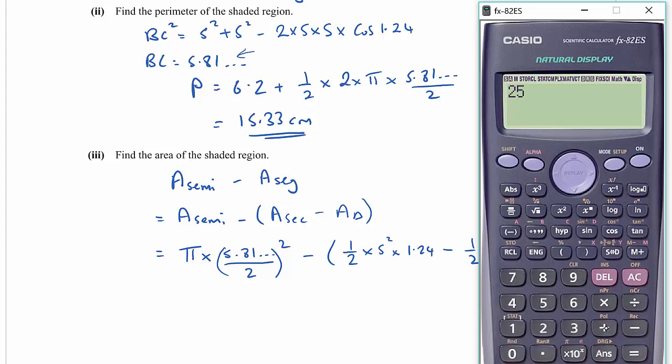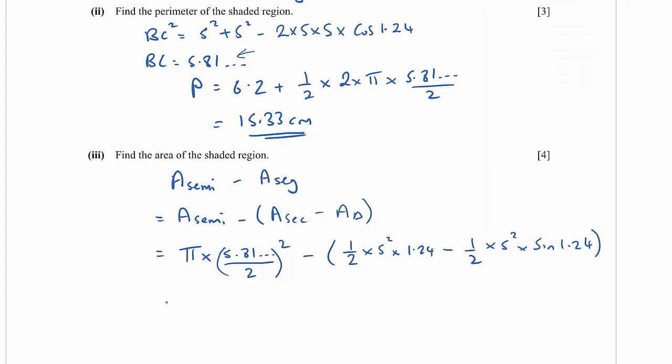So I've got 25 plus 25, take away 2 times 25 times the cosine of 1.24, and we want the square root of that, and we want to divide that by 2, and that's that radius.